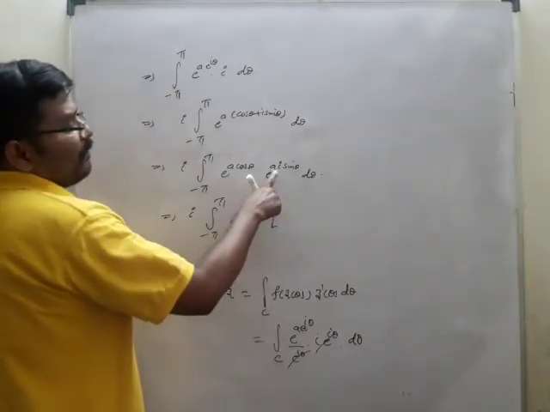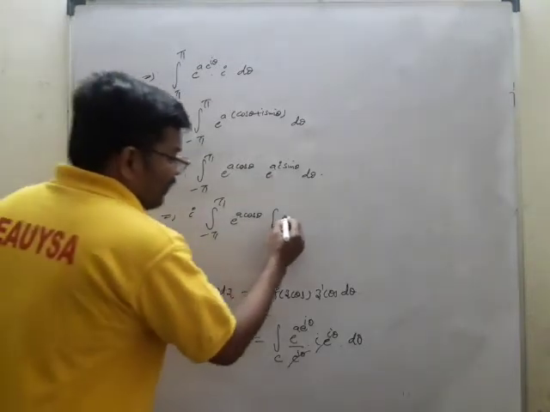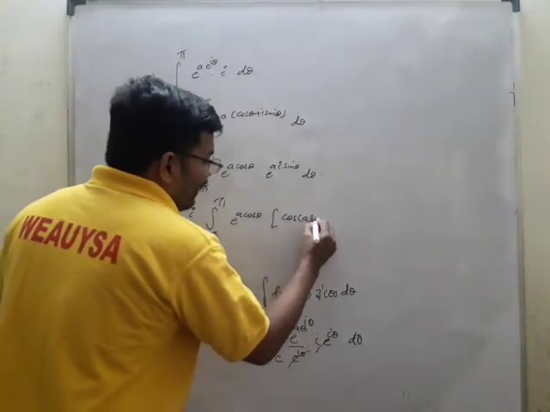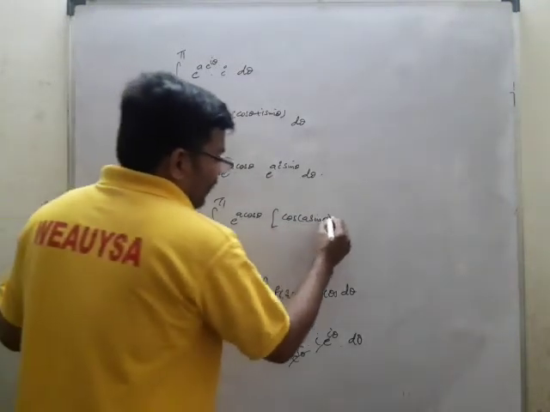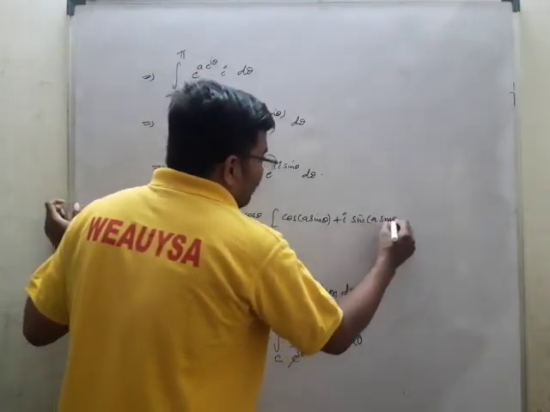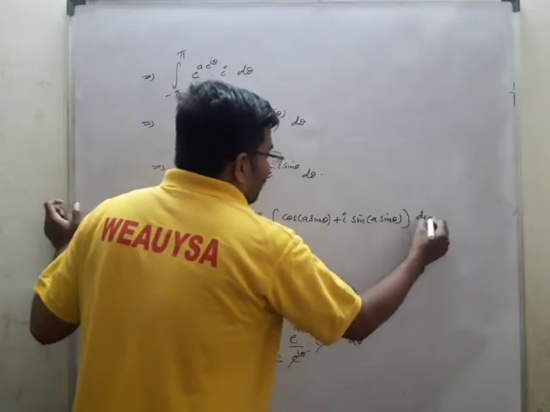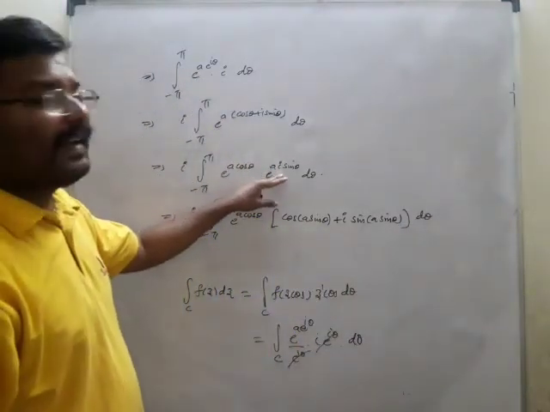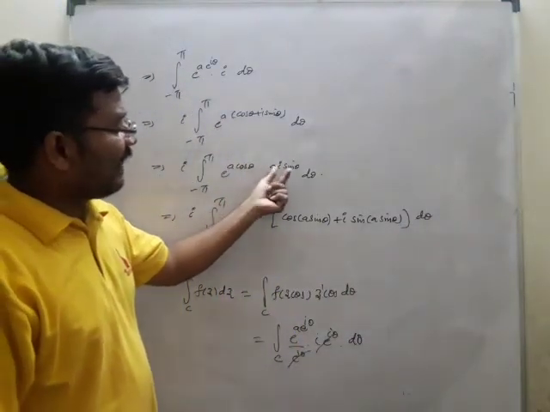This is again e power i theta form, meaning cos(a sin theta) plus i into sin(a sin theta) and d theta, because this is e power i theta form. In the place of theta, a sin theta is there.